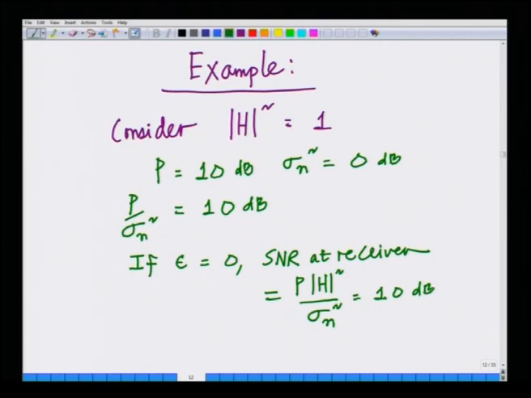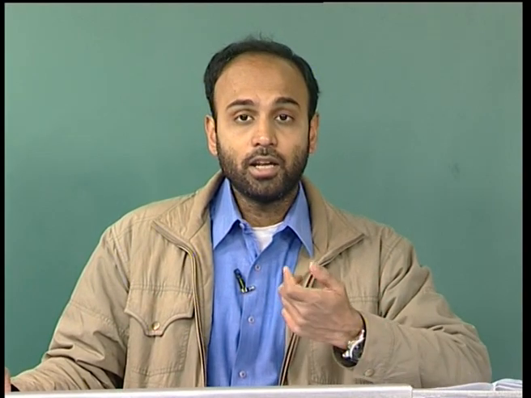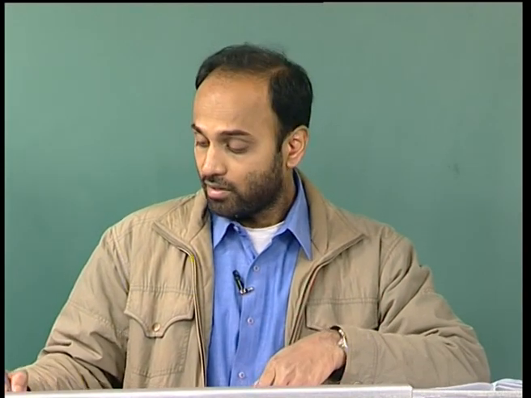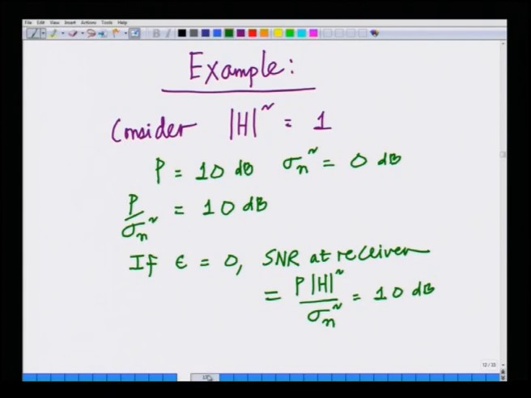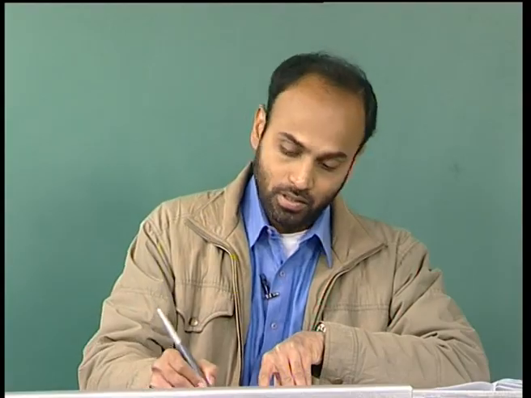So, we have a 10 dB SNR in the absence of any carrier frequency offset, that is if the carrier oscillator is perfectly synchronized to the incoming carrier wave, then we have an SNR of 10 dB, there is no intercarrier interference. However, consider now a slight distortion, consider a carrier frequency offset epsilon approximately equal to 5%.